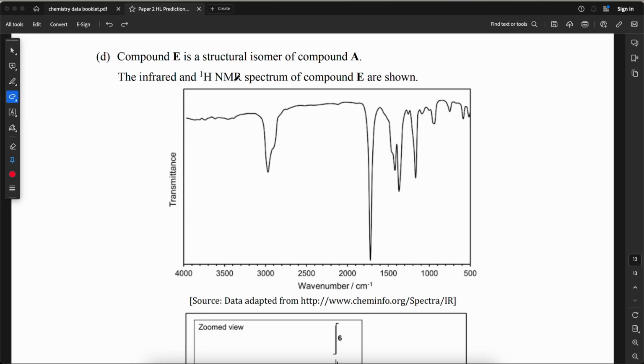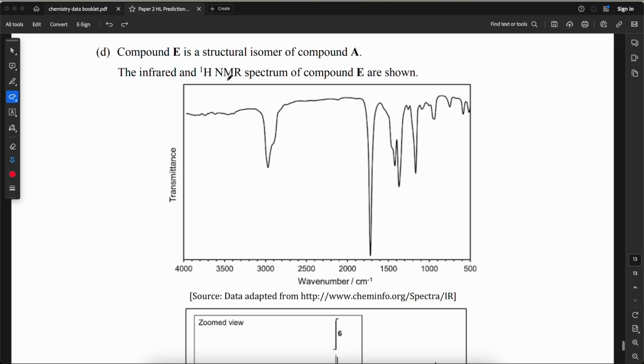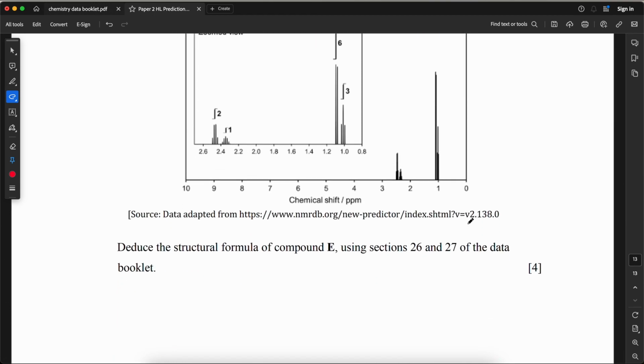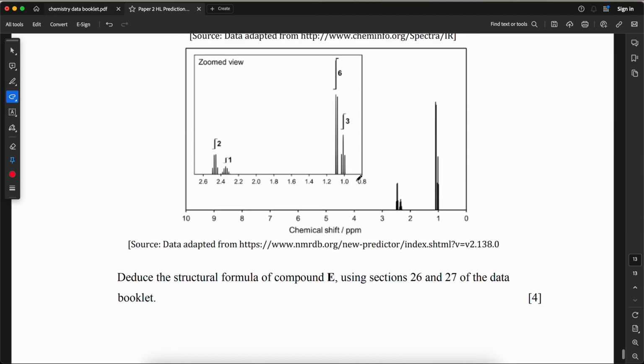Compound E is a structural isomer of compound A. The infrared and HNMR spectra of compound E are shown. From this IR, we can see that there is a peak at 1700 to 1750, which is C=O, carbonyl, and there is an HNMR spectrum as well.